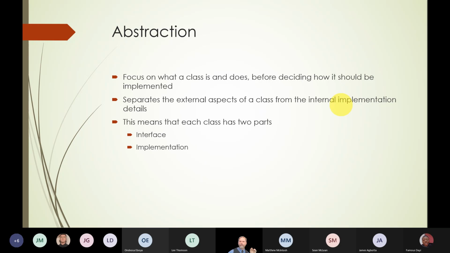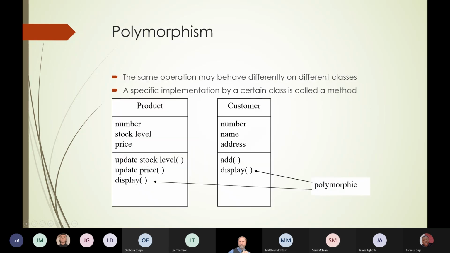So classes will have things that they show other objects in the system. That's their interface. But internally, they'll have how they implement that. So products will say, yeah, if you want me to display, just tell me to display. And customers will say, yeah, if you want me to display, just tell me to display. But internally, how they actually display that will be different because they're displaying very different things.